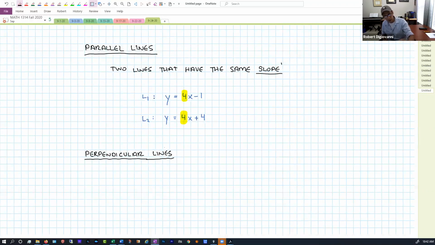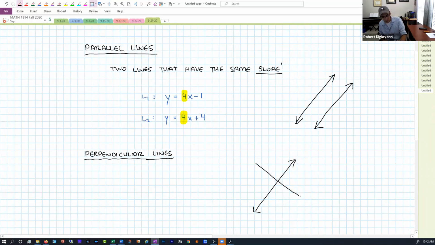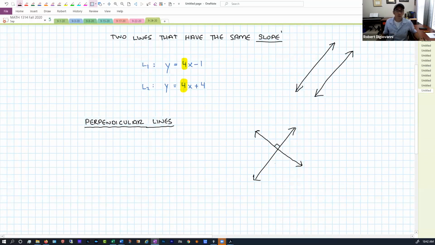Parallel lines look like this, right? They have the same slope. Perpendicular, one line does one thing and the other one comes in and hits it at a perfect, what we call 90-degree angle. That's a perfect little square right there. Okay, that's perpendicular. What do you think the relationship between the slopes is there?